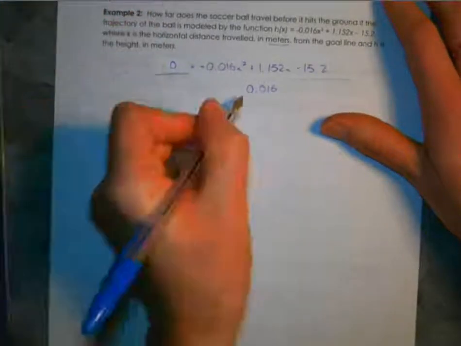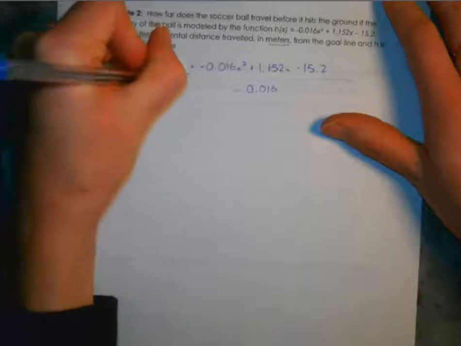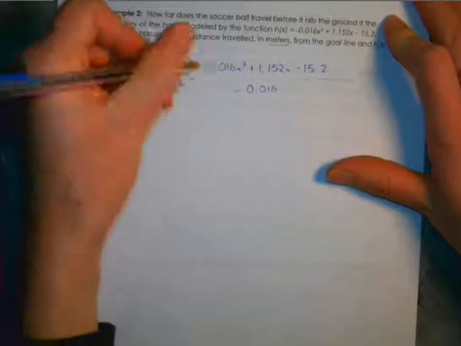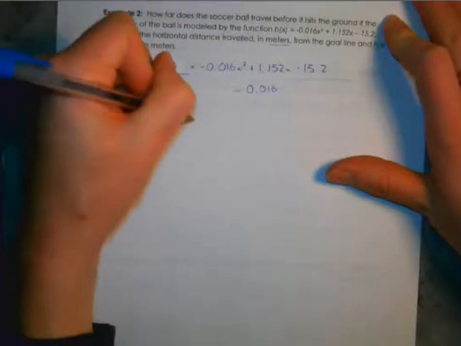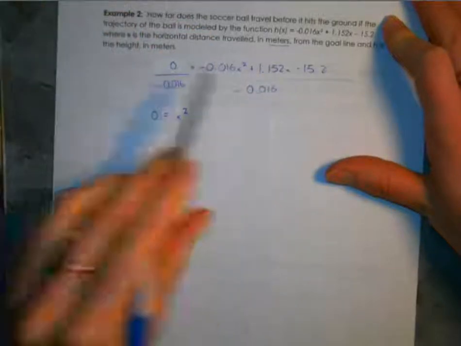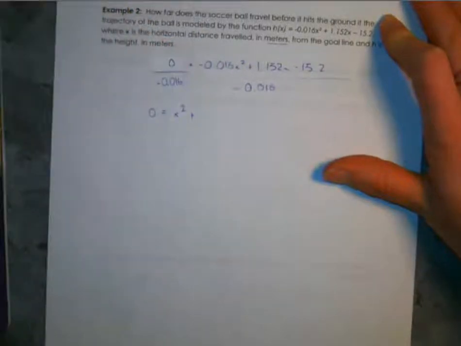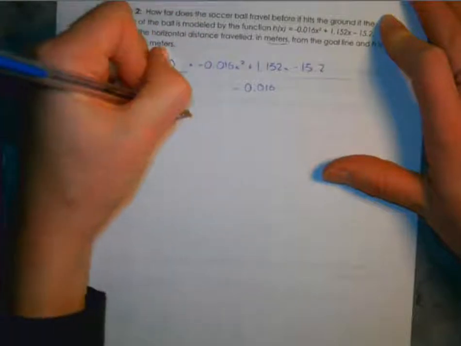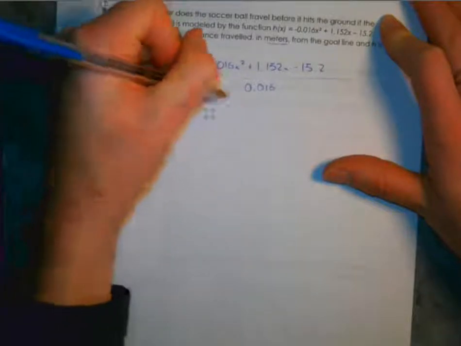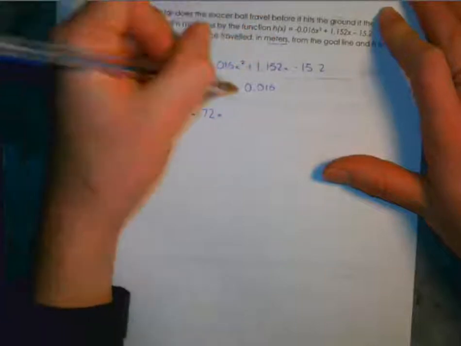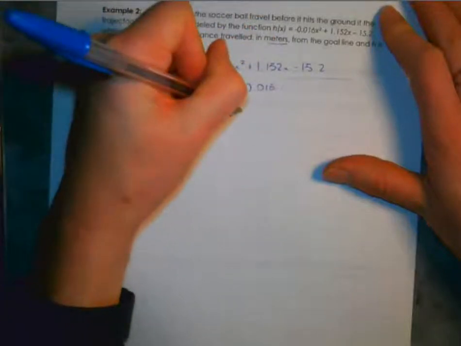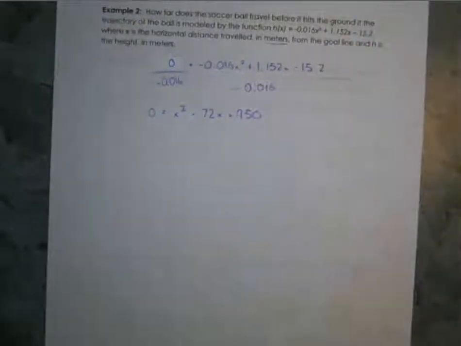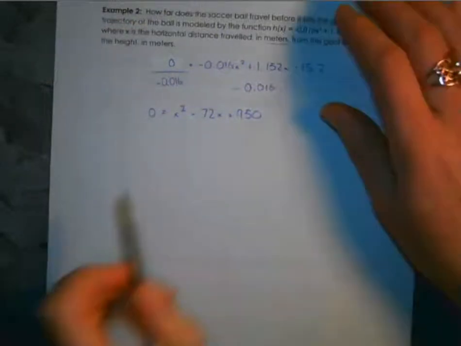So we can divide that out by negative 0.016, and we're going to be left with 0 equal to x squared minus 72x, because when we did this division we got negative 72, and then when we did negative 15.2 divided by that, we got plus 950. Now I have this much easier formula to work with, and I can start to complete the square.